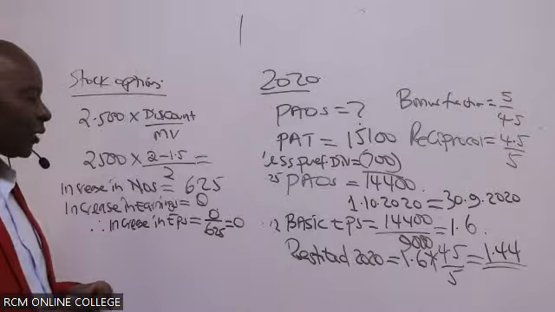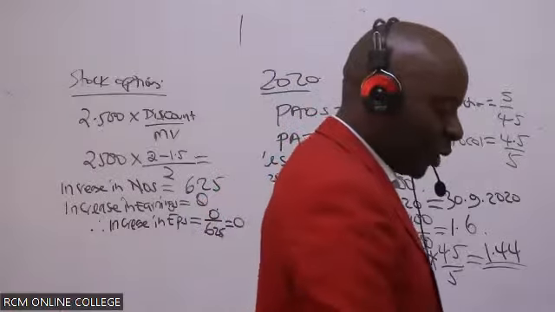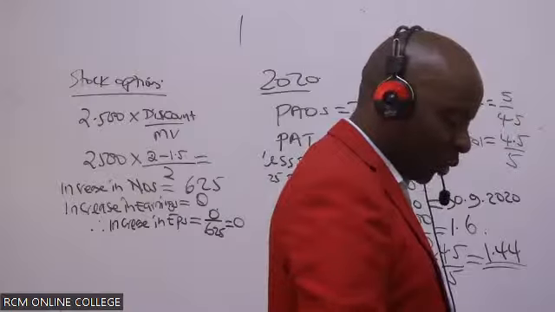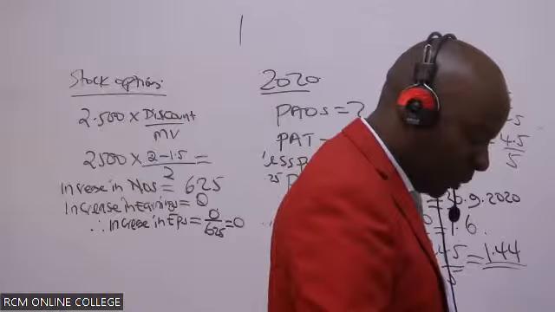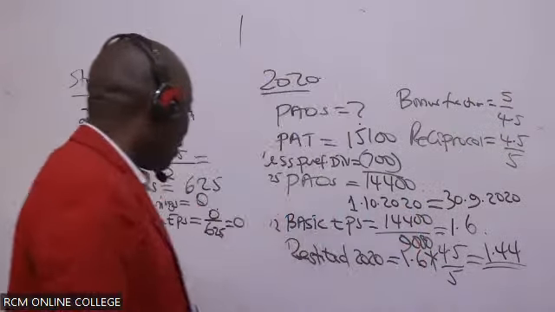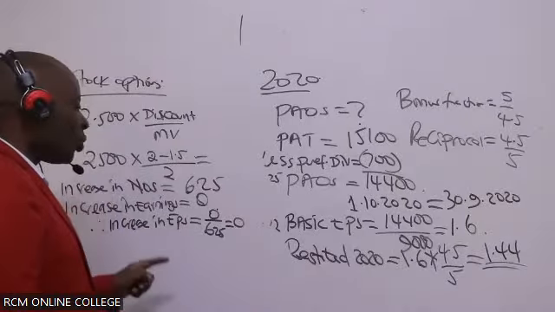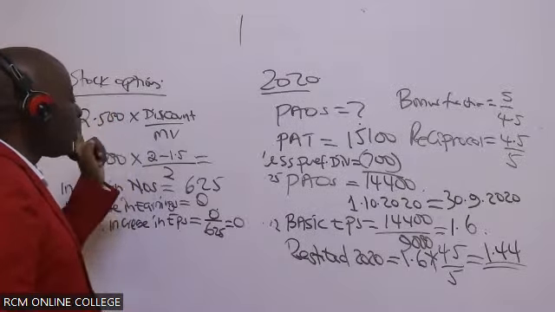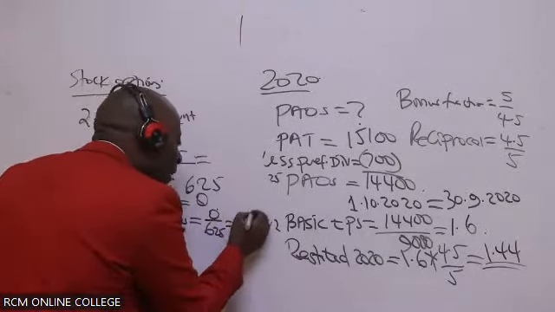Now, ladies and gentlemen, what was our EPS in 2021? I know you calculated it. It was 1.25, isn't it? So if these guys go ahead and exercise in 2021, then I expect this one now not to be potential, but to be dilutive. Why? Because the 0 increase in EPS is less than.